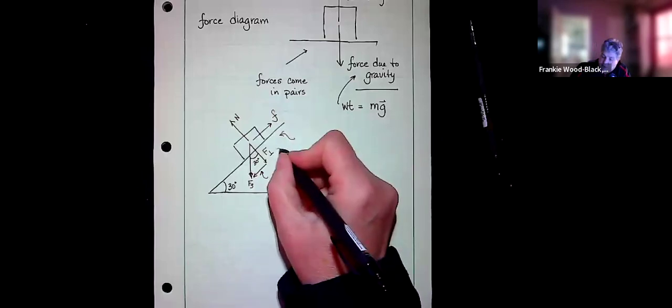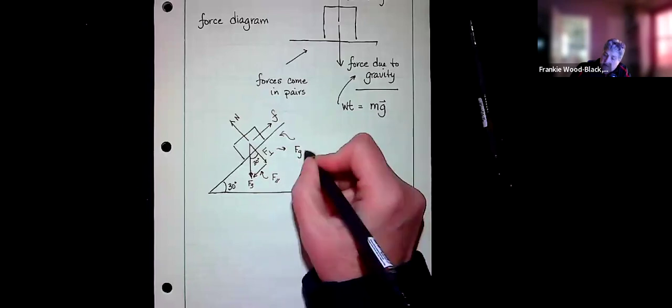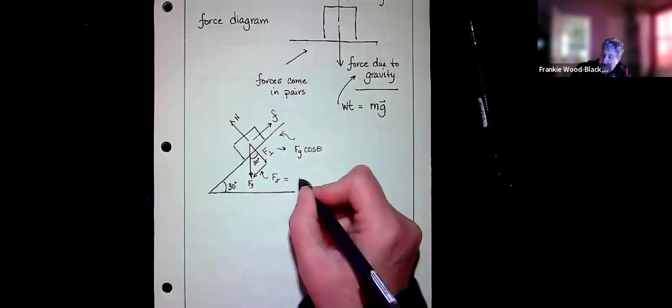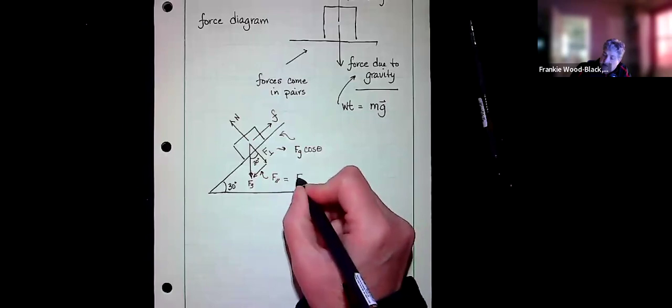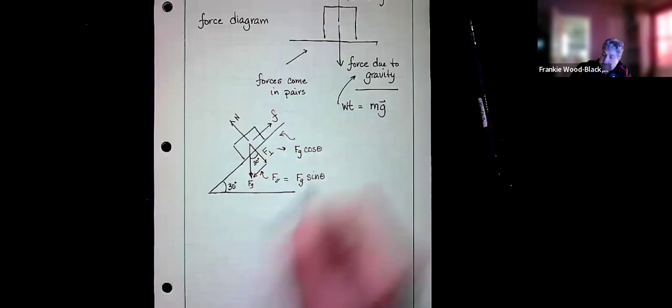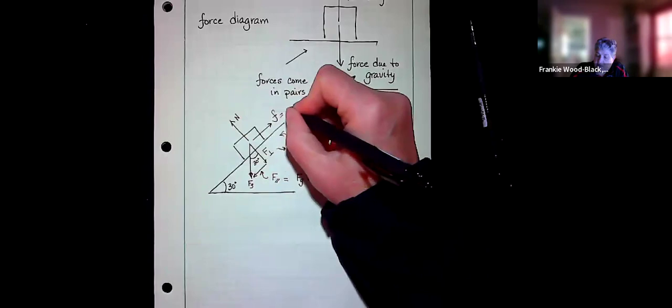My force perpendicular is going to be my force due to gravity cosine of my angle, and my force parallel is going to be my force due to gravity sine of the angle. And my force due to friction is going to be my coefficient of friction times my normal force.